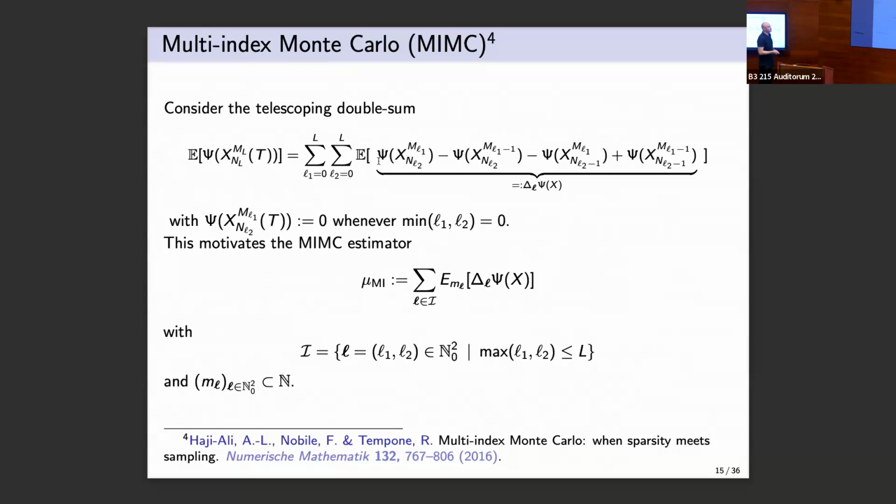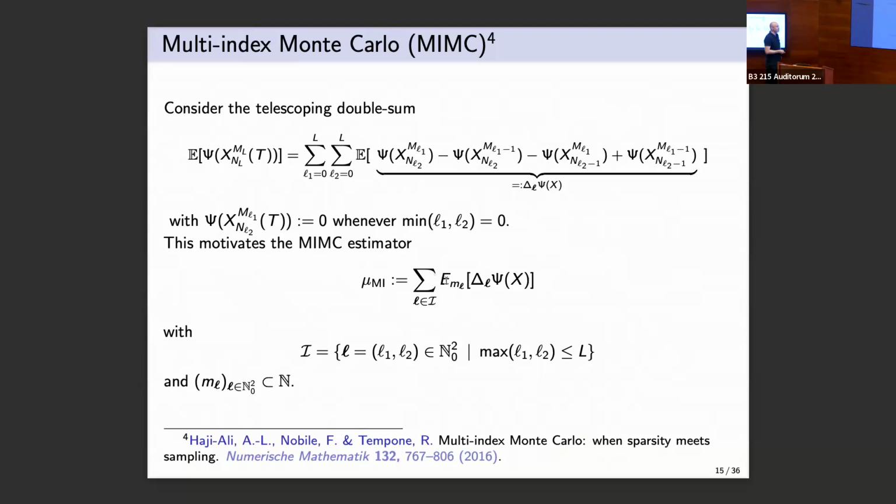And it's a sum of double differences that I have here, that I'm going to denote with this kind of delta L psi x. The double difference on level set (L1, L2) is what I have there. And I take this representation as a motivation for my multi-index Monte Carlo method.